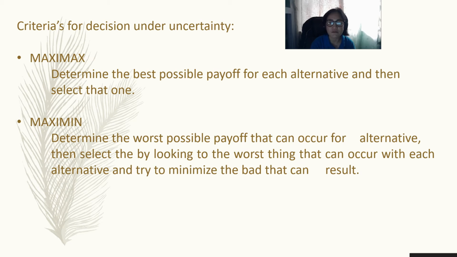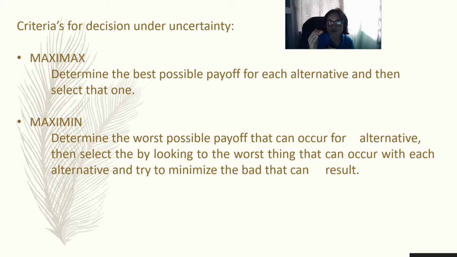Then select by looking at the worst thing that can occur with each alternative and try to minimize the bad that can result. Understanding the maximax and the maximin, the maximax is geared towards the positive. We are on the side of optimism, using the highest possible or best possible payoff.